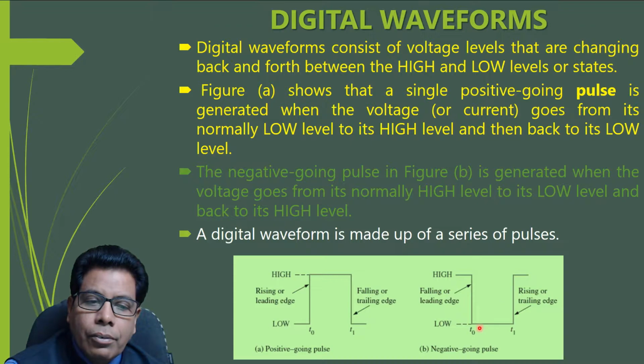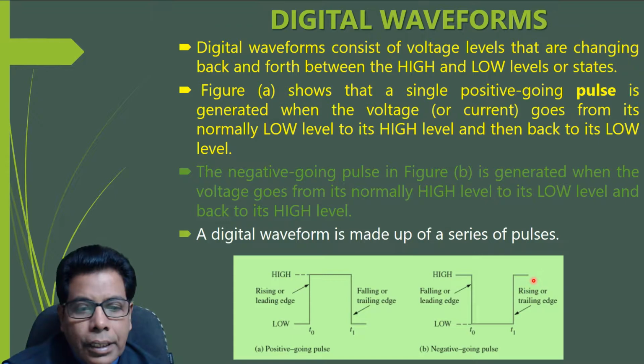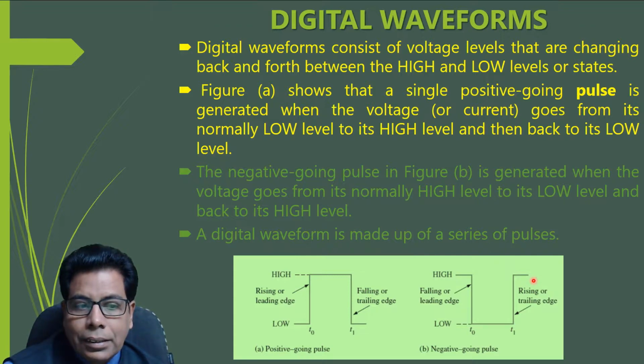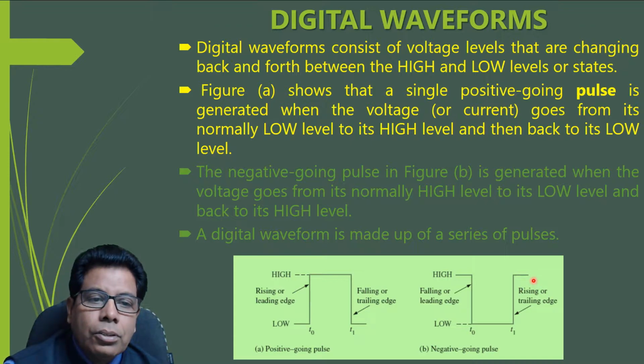It stays low during T0 to T1, and then at T1 it goes high. So this is the negative-going pulse. A digital waveform is made up of a series of pulses, positive pulses and negative pulses. We can have a series of pulses, positive or negative, and that will form the digital waveform.